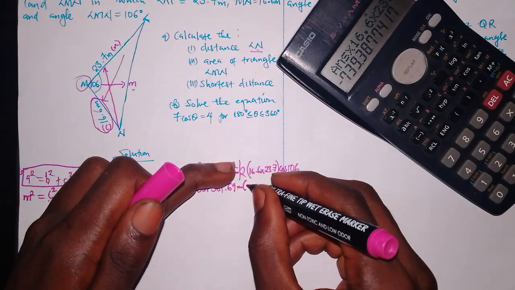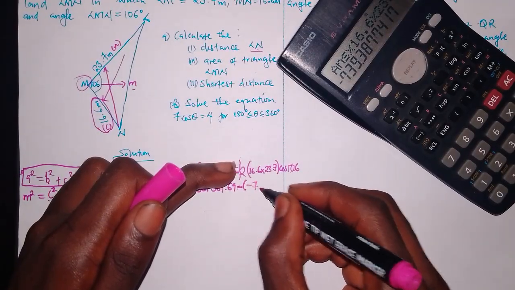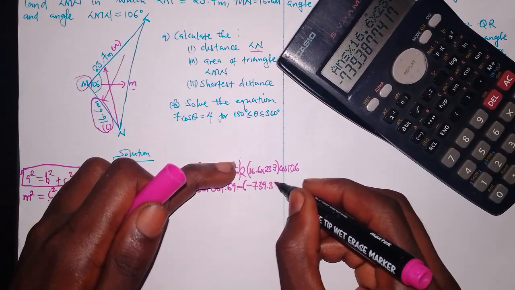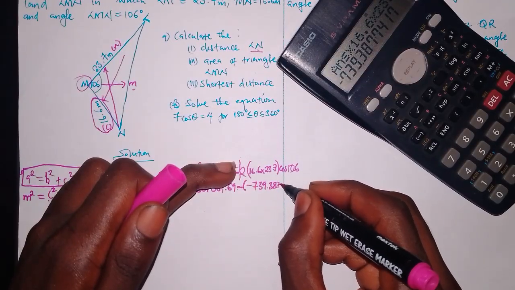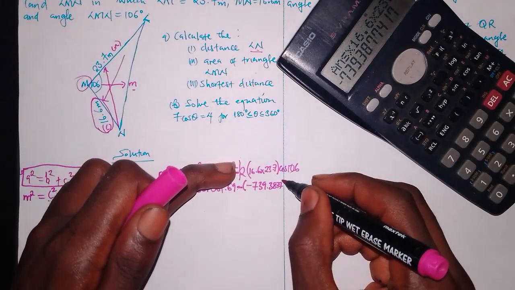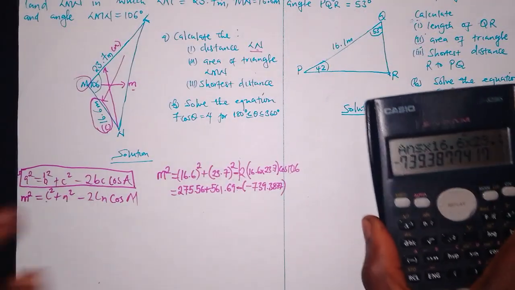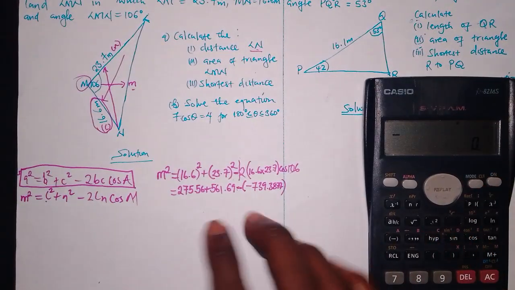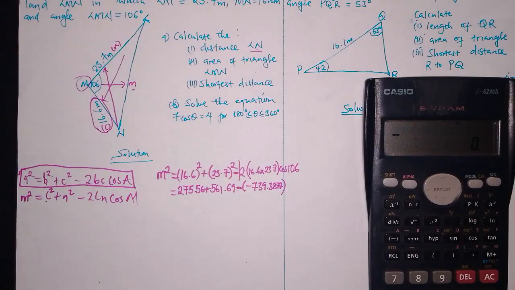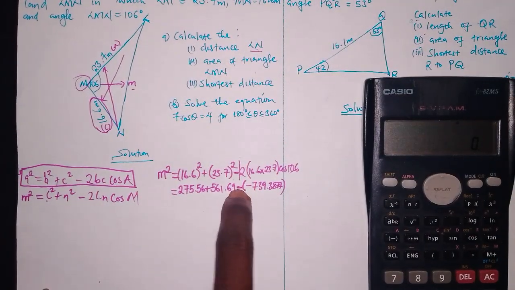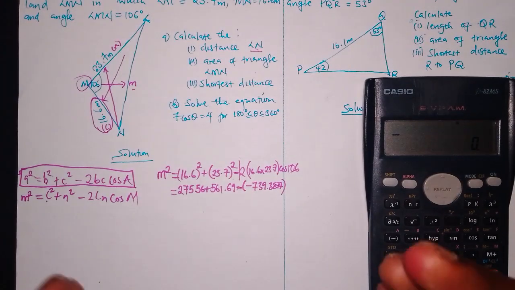So you say negative 739.3877. We can end there. So the reason I put this number in brackets because I knew that we are going to have two negative signs. So since we have two negative signs, here now you can say negative times negative becomes positive.